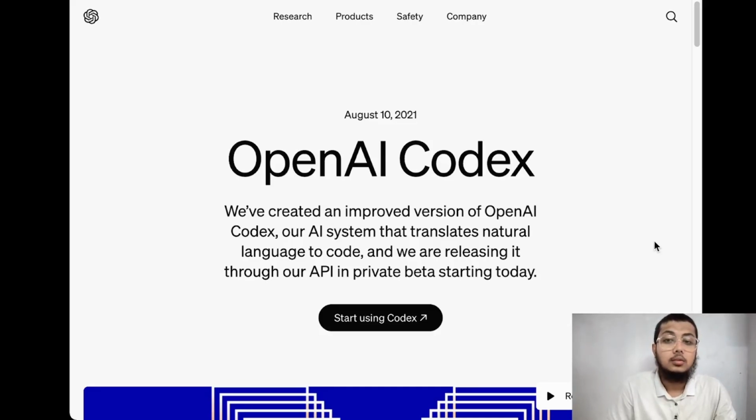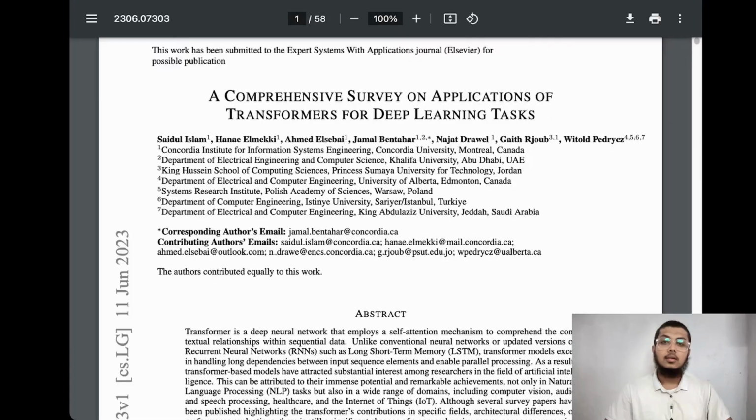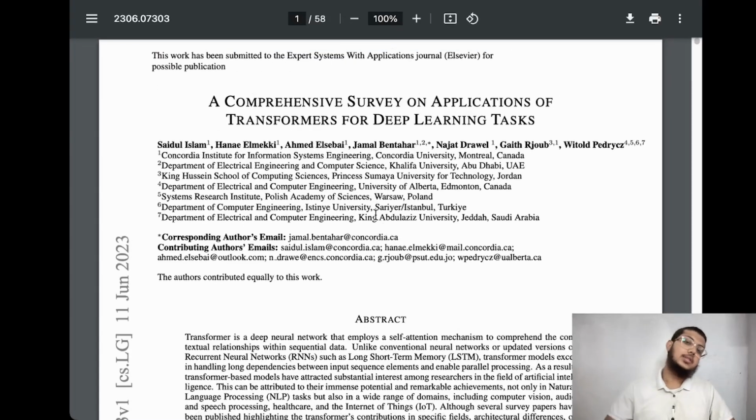Okay, so this is like, for me, the fourth most popular one, and apart from this, many more applications have come out today, which are based on transformer architecture. If you want detailed information at a single place, then I would recommend you going to this paper, a comprehensive survey on applications of transformers for deep learning tasks.